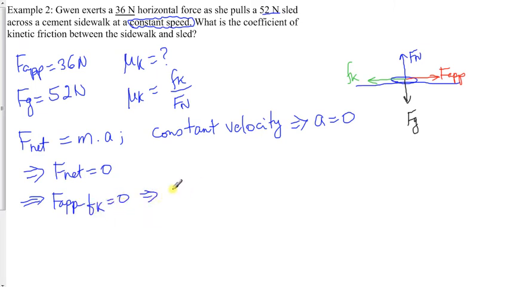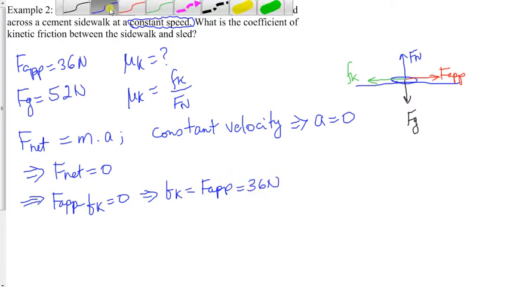So Fk is equal to F applied, equal to 36 Newton. I have that. So this is the first unknown. I still have to find another one, which is Fn, in order to get mu k.